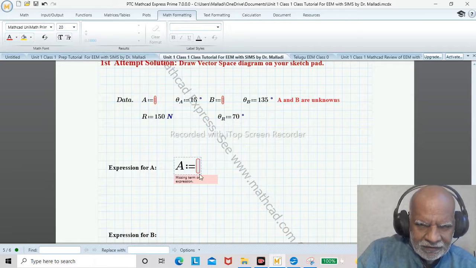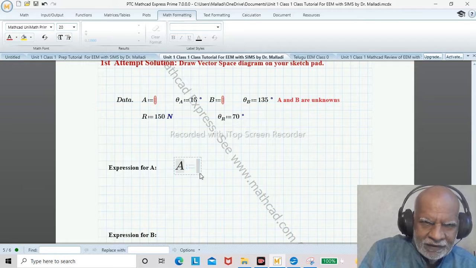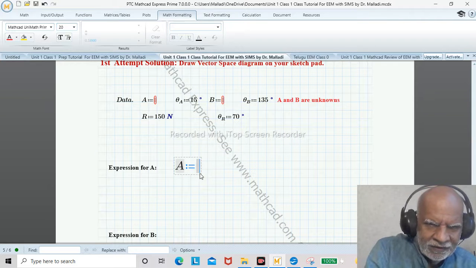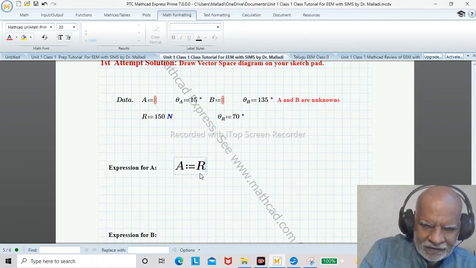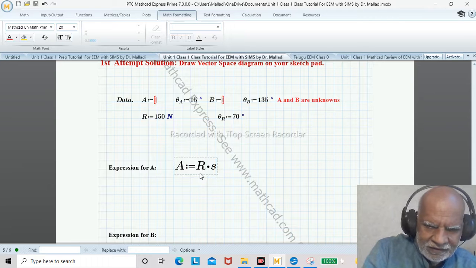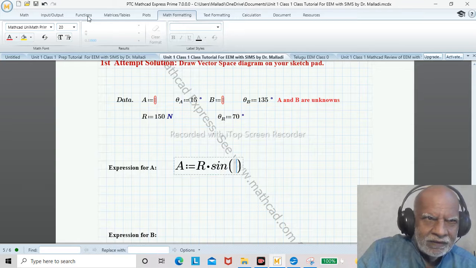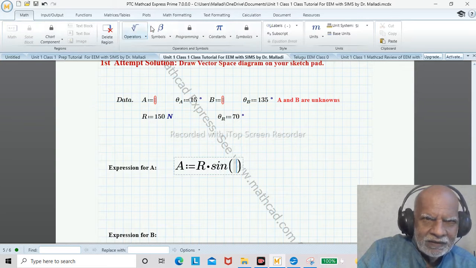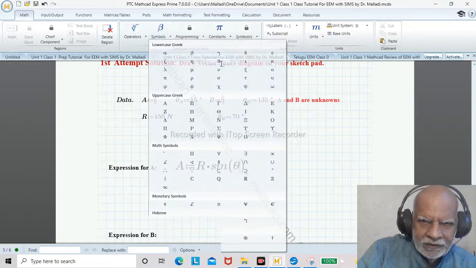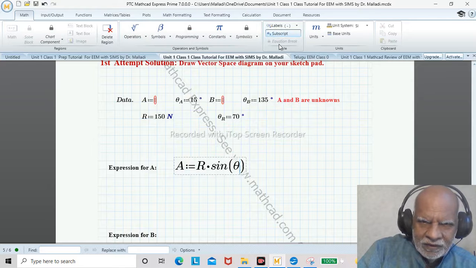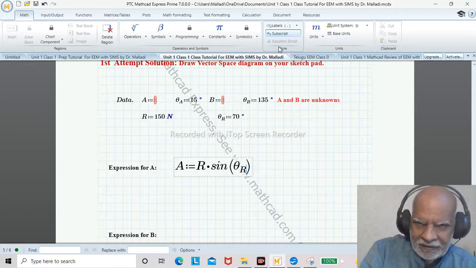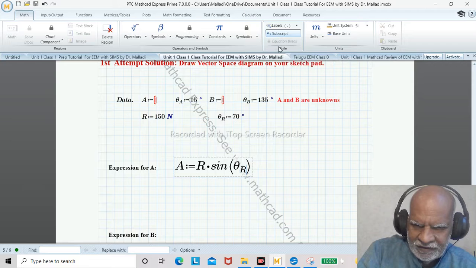And then instead of C I have R here. R times sine theta sub R. I go to math here, and theta sub R. Earlier I had C, so this versatility you should develop.